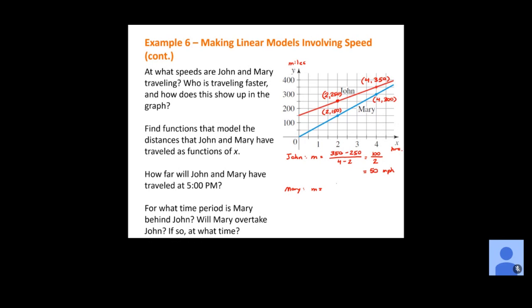Substituting in here, we get 300 minus 150 over 4 minus 2. It's going to be 150 over 2. And so what's her speed going to be? 75 miles per hour.